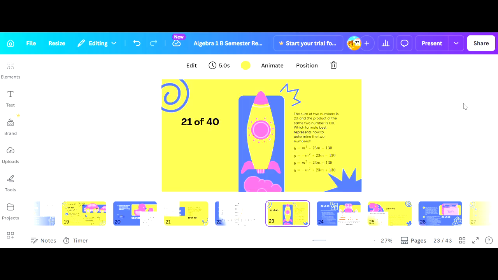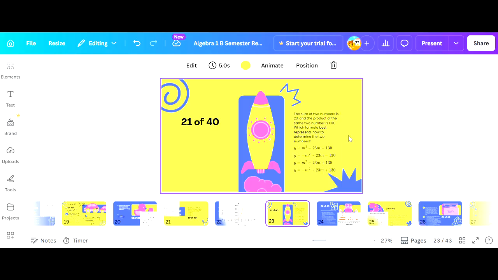Here's 21. The sum of two numbers is 23, and the product of the same two numbers is 130. Which formula best represents how to determine the two numbers? When we add two numbers together, we get 23, and when we multiply them together, we get 130. None of these make sense to me because we only have m as a variable.